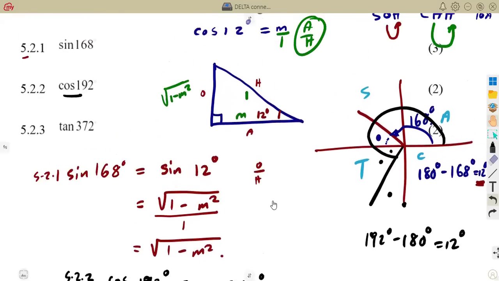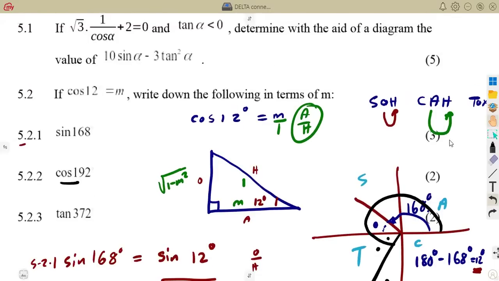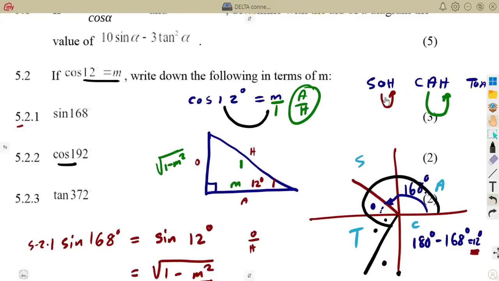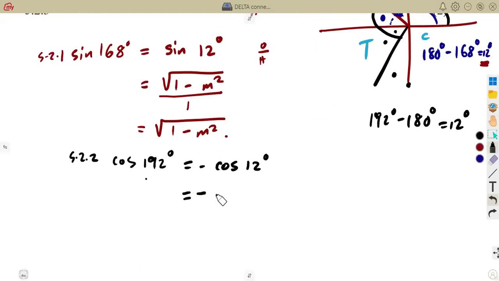Already cos 12, guys, is the one that you are given. Remember, originally cos 12 is m. It's the one that you're given, we have the answer already. So it's minus m. These are your typical questions.